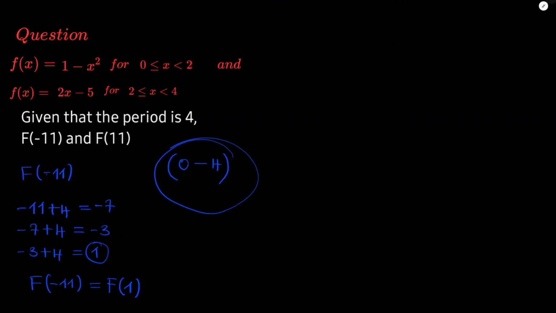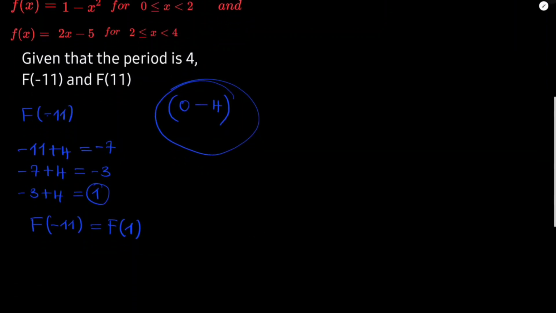Let's see the second function. The second function is from 2 to 4. 1 is not greater than 2, but 1 is less than 4. Since 1 is not greater than 2, we cannot use this second function. So we are going to use the first function because 1 is in that range.